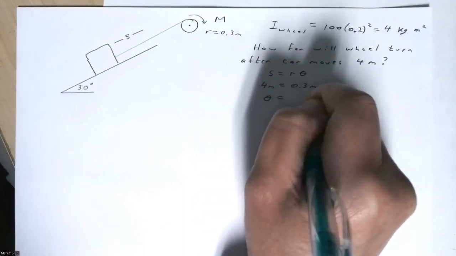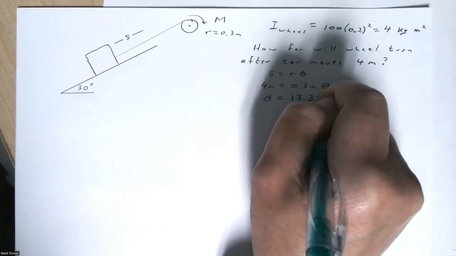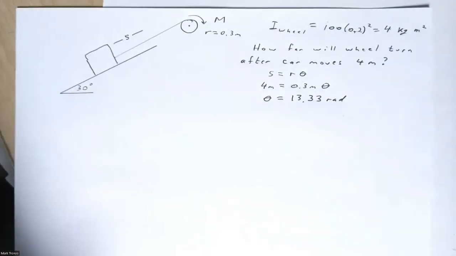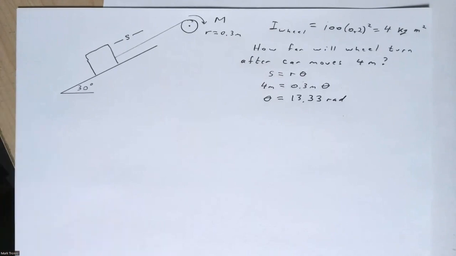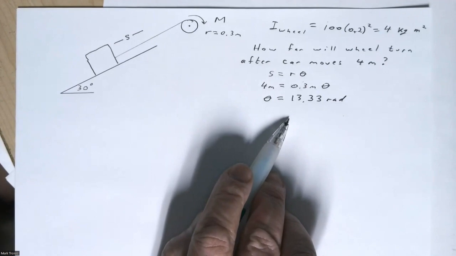And so that gives us a theta of 13.33 radians. We're going to need that when we figure our moment, because we're going to need to put theta into our moment, of course.